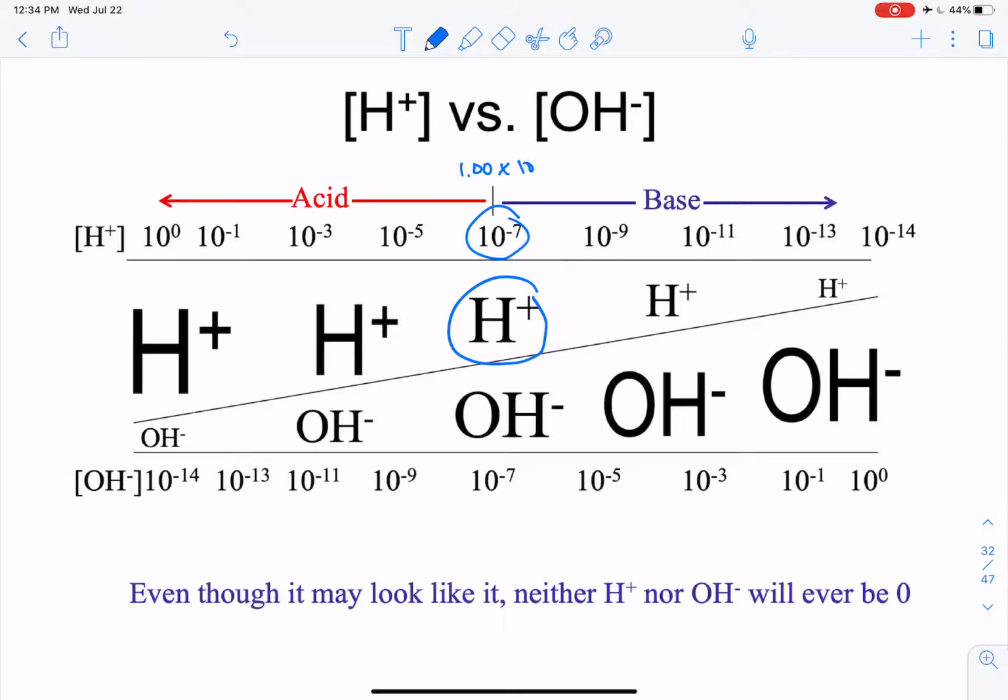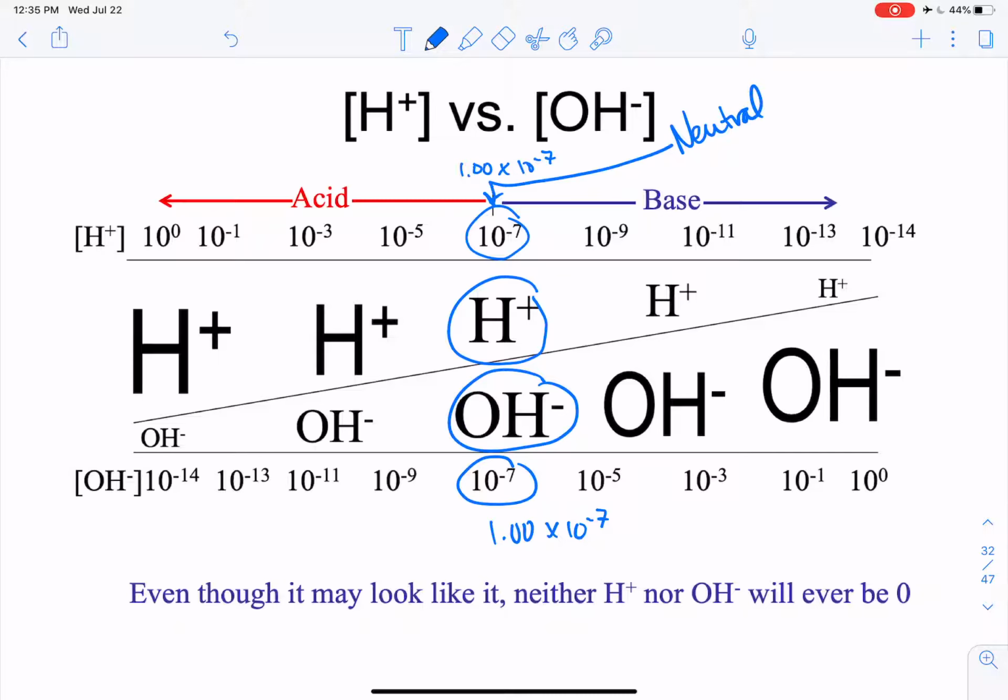Also, you'll notice that the concentration of hydroxide is 1.0 times 10 to the negative 7. So right here where we have the same concentration of hydronium and hydroxide, we are neutral right there.